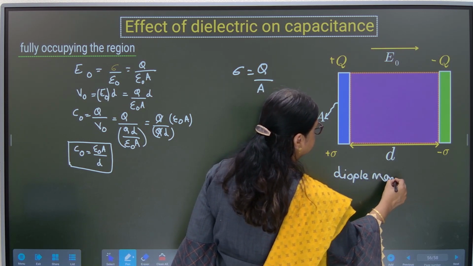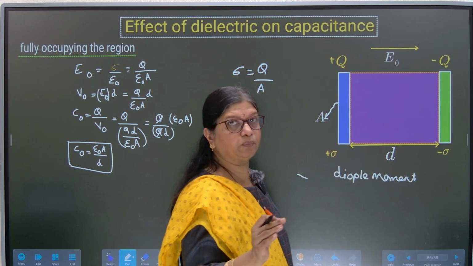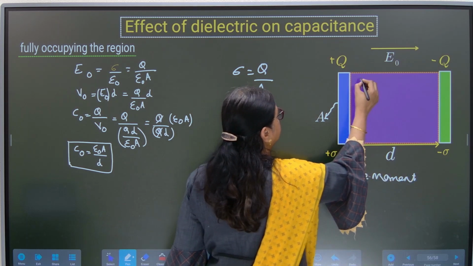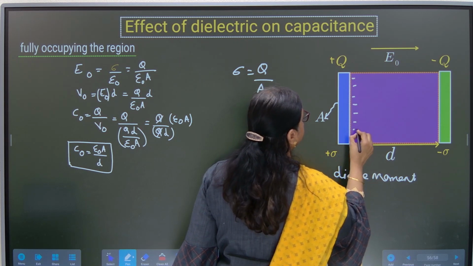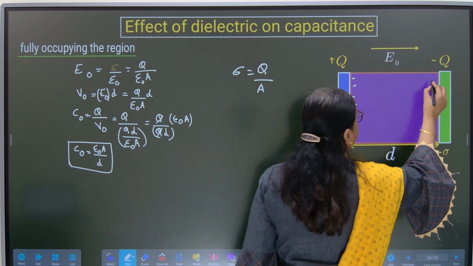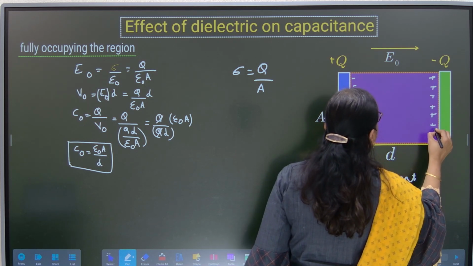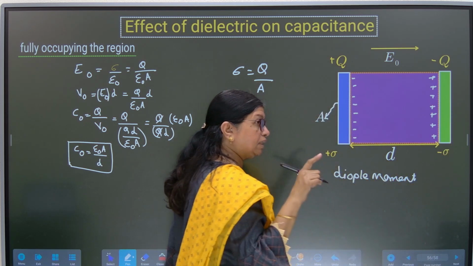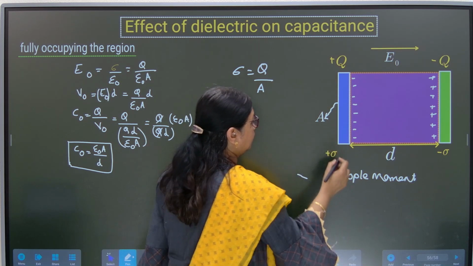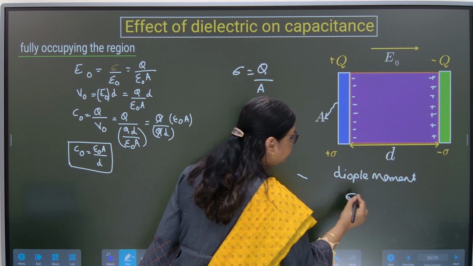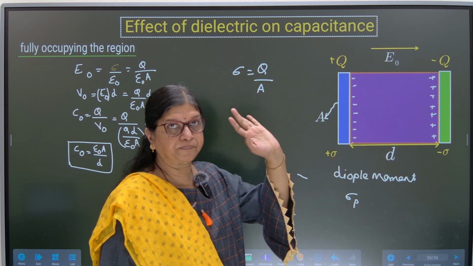Dipole moments. And the dipoles will arrange themselves in such a way that here the negative charge of the dipole and here the positive charge of the dipole, a layer will be deposited such that there is an induced surface charge density on both the plates.